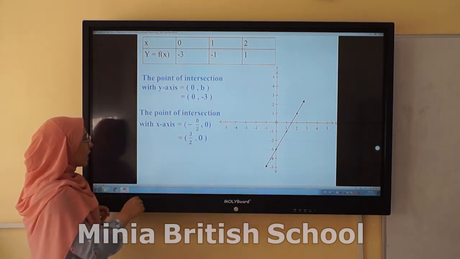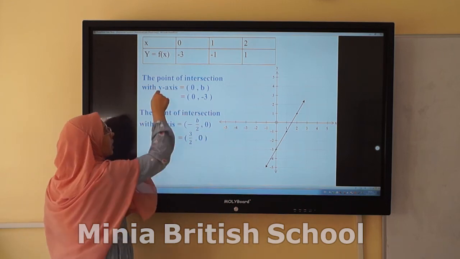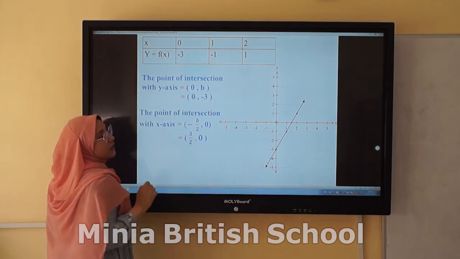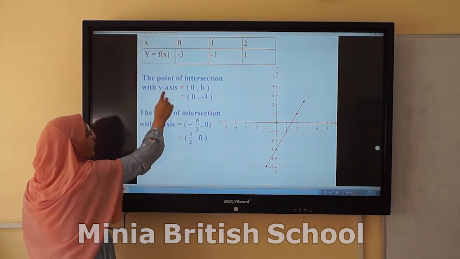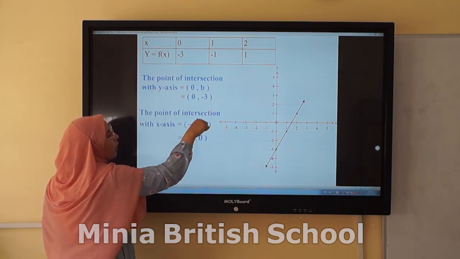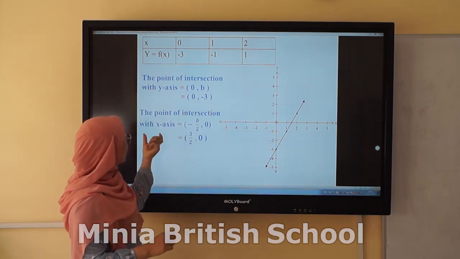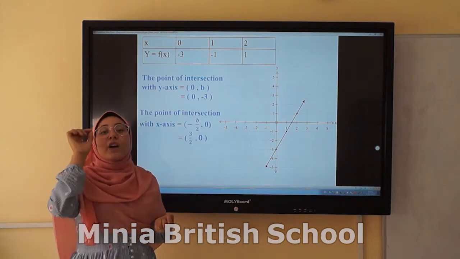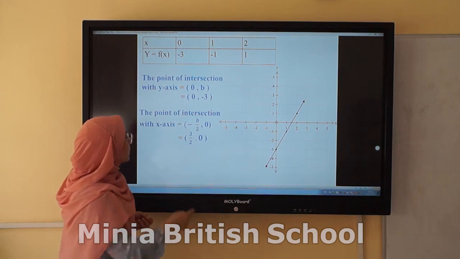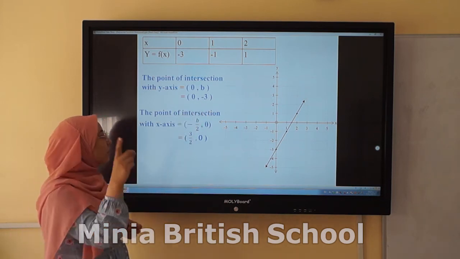On the x-axis, the value of y is 0. On the y-axis, the value of x is 0, okay? The rule to find the point of intersection with the x-axis is the ordered pair (-b over a, 0). Here b equals -3, so negative and negative gives positive.